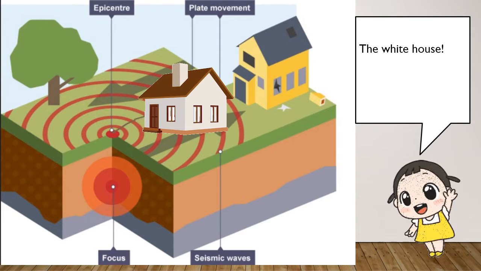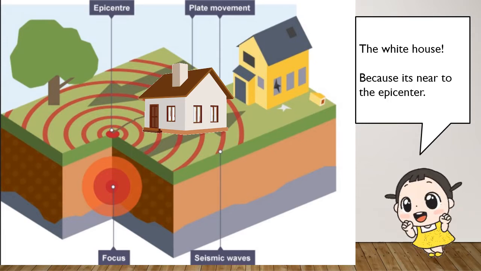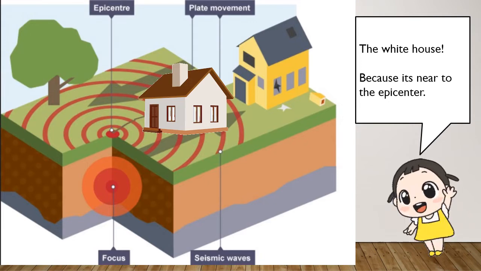It is because it's near the epicenter. The nearer you are to the epicenter, the more vibrations you will feel and the more damage it can cause to your buildings, to your houses, or anything that is near the epicenter. Are we clear, everybody?